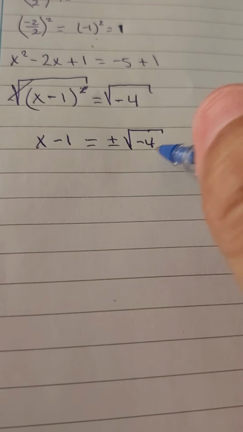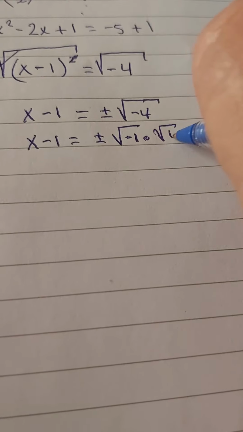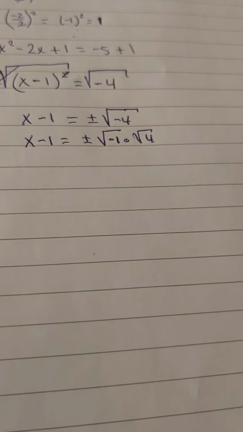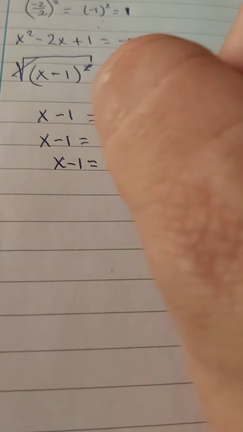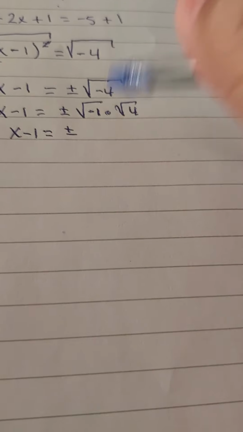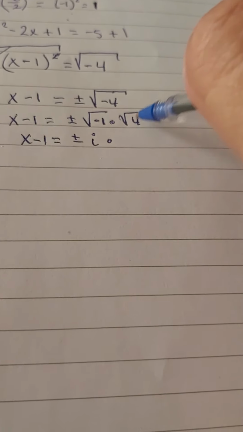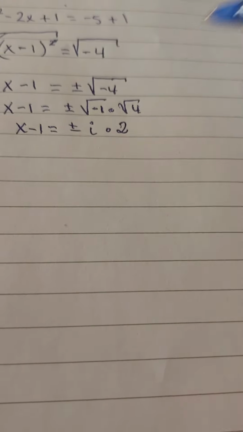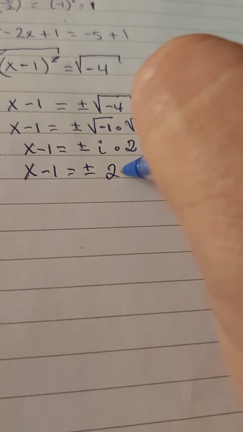We can rewrite the square root of negative 4 as plus or minus square root of negative 1 times square root of 4. The square root of negative 1 is i, and the square root of 4 is 2. So x minus 1 equals plus or minus 2i.